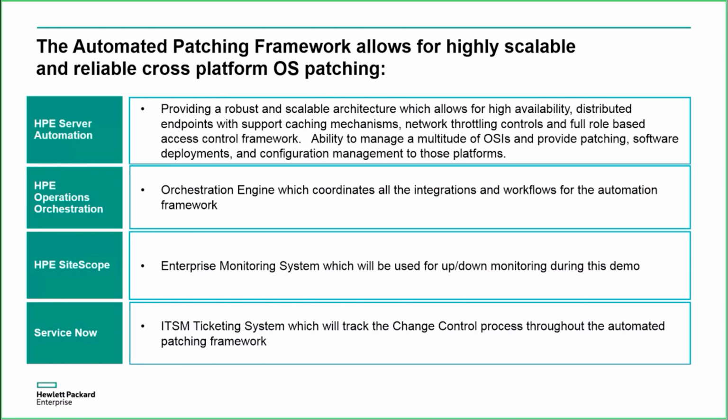But the big thing I want you to keep in mind is that the idea behind the framework is that everything can be swapped out. If you're using Microsoft SCCM for your Windows patching, you would be able to swap out that component instead of using Server Automation, or if you're using Red Hat Satellite for Red Hat, anything like that. We can swap components in and out to make the framework very adaptable to your ecosystem.